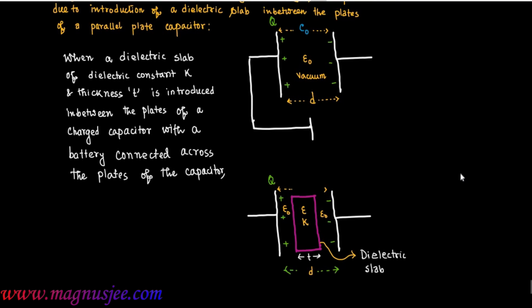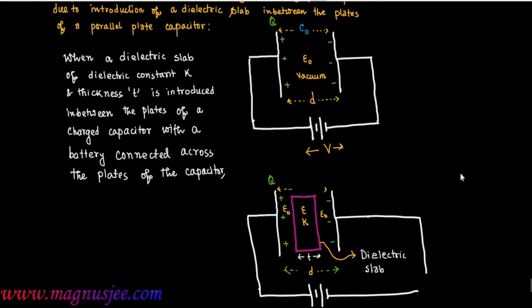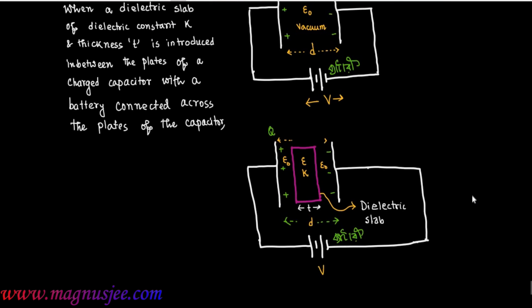In the diagram we can see that a battery is connected to the parallel plate capacitor, and V is the terminal voltage of this battery. Again, the battery is connected to the parallel plate capacitor with a dielectric slab, and V is the terminal voltage.